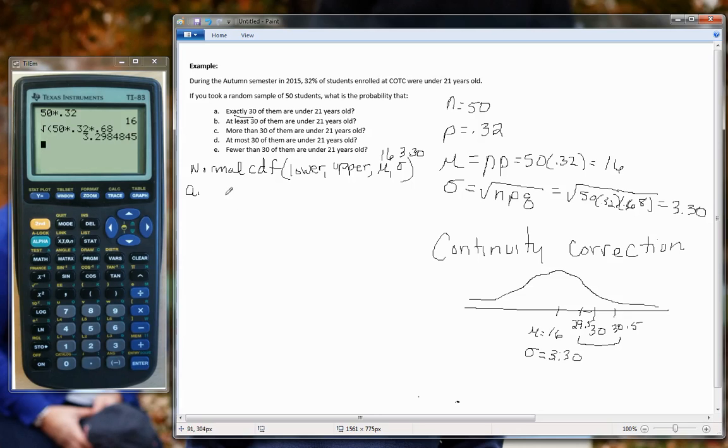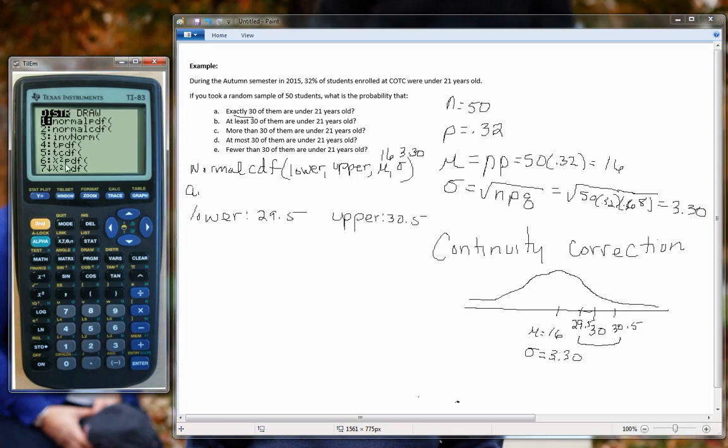So we'll do the normal CDF. Our lower here will be 29.5 and our upper will be 30.5. So do this in the calculator. We'll do second distribution, second vars, and we want normal CDF, so we're going to choose 2.